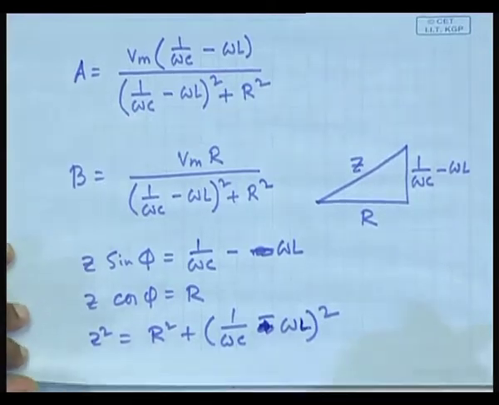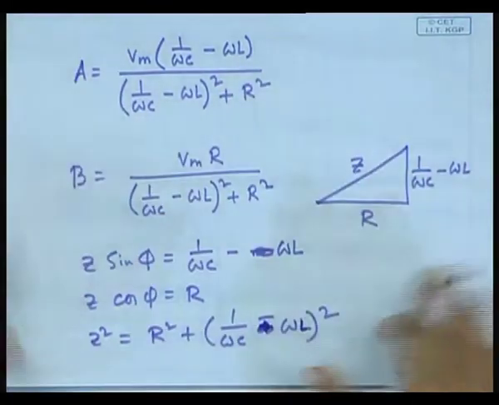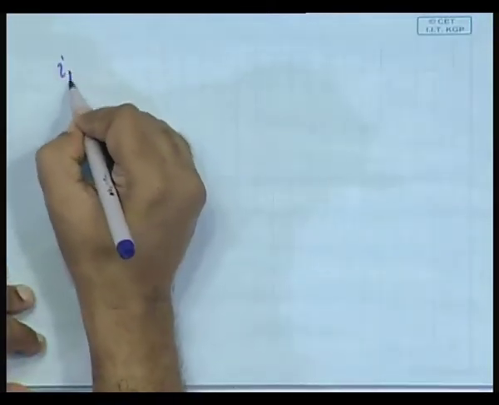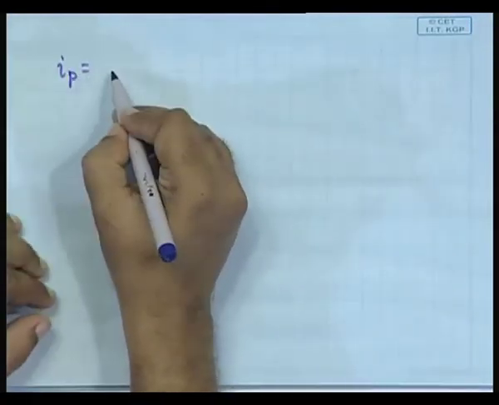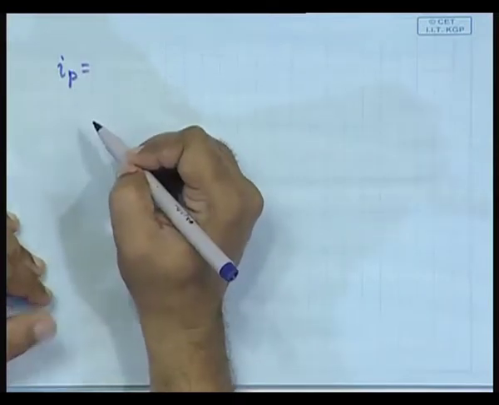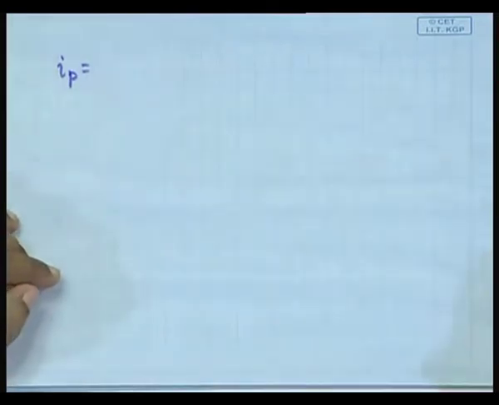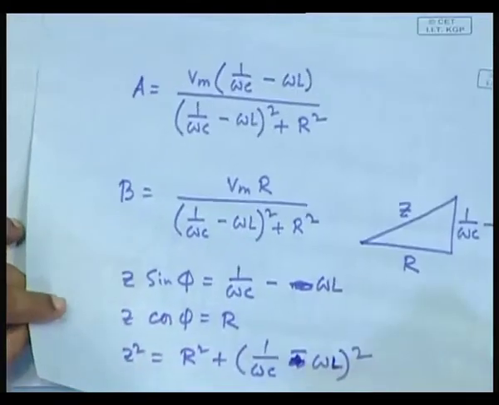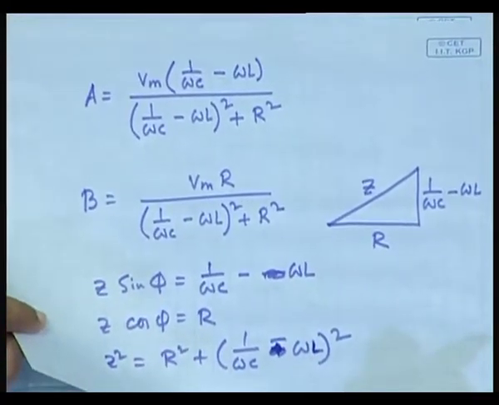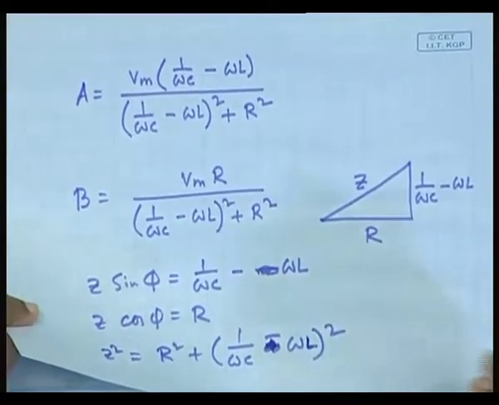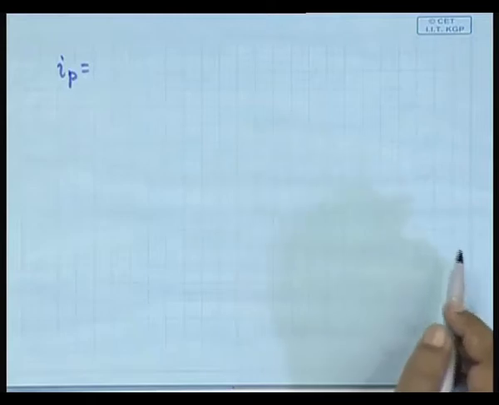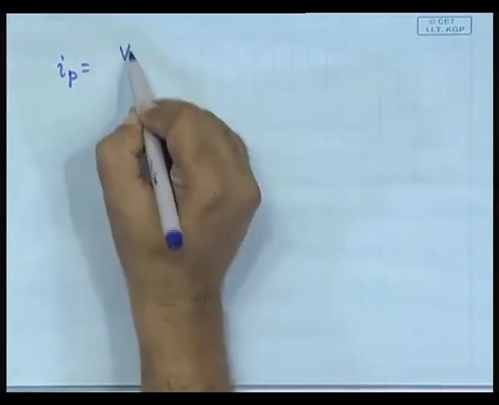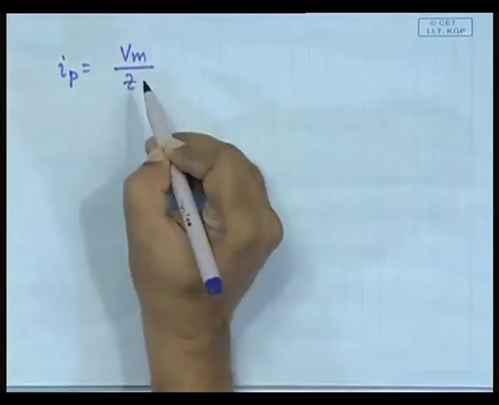Fine. So, everything now falls in place. Your final solution is I p is equal to again V m by z.